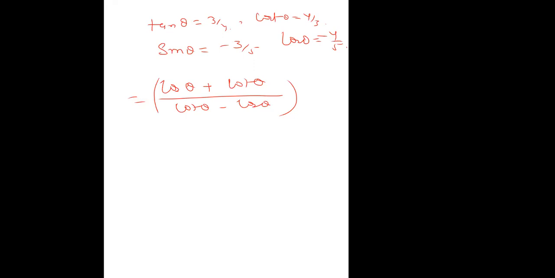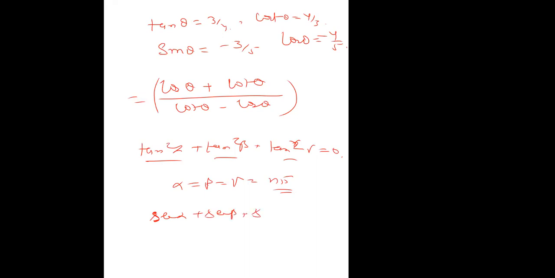Right. And this is tan square alpha plus tan square beta plus tan square gamma is equal to 0. Sum of square of three numbers will be 0, means alpha is equal to beta is equal to gamma is equal to n pi. Maybe 0, pi, 2 pi, 3 pi, 4 pi. So we have to find value of sec alpha plus sec beta plus sec gamma, right? If all are 0, then this will be 3.